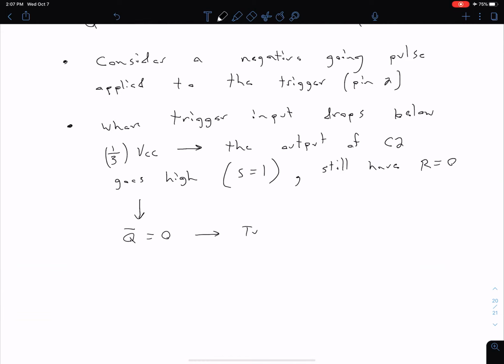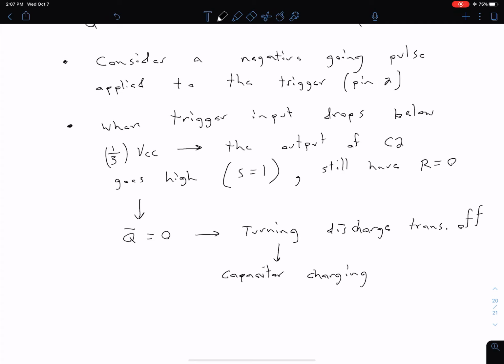So now we are turning our discharge transistor off, which means that our capacitor no longer has a path to ground to discharge.